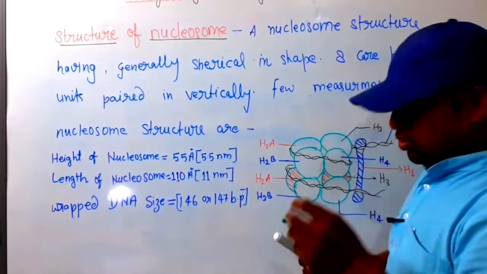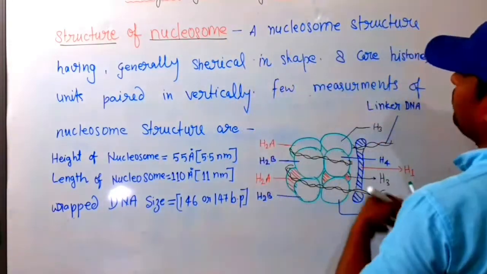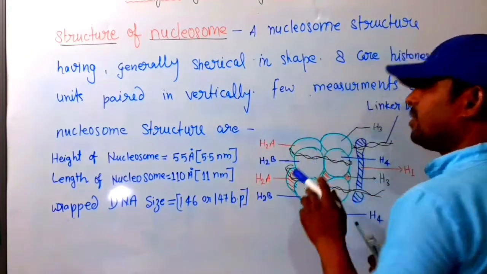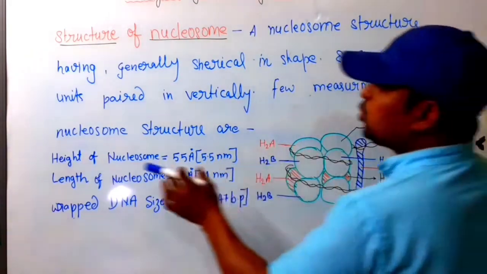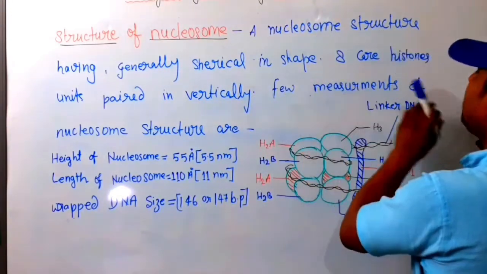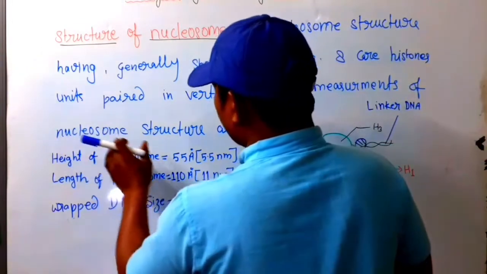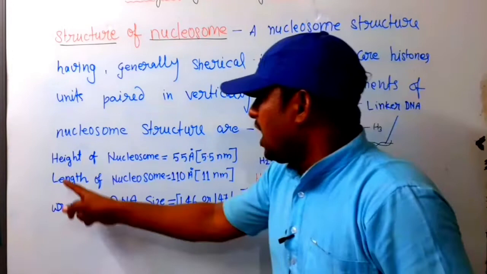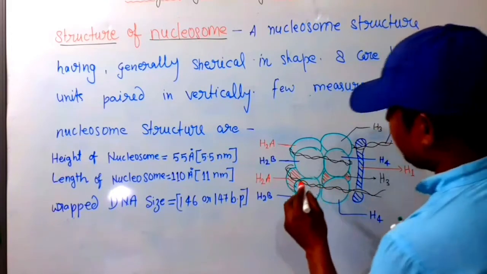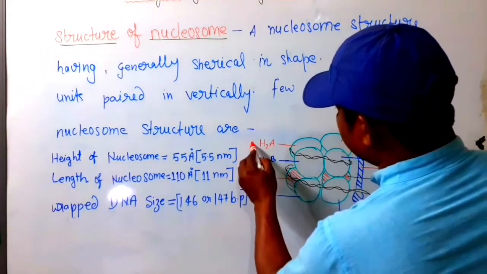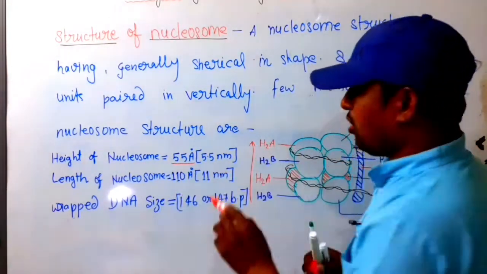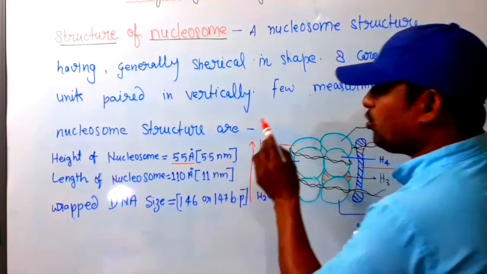A nucleosome structure is generally spherical in shape, with 8 core histone units paired vertically. A few measurements of the nucleosome structure: the height of the nucleosome is 55 angstrom, or 5.5 nanometer.